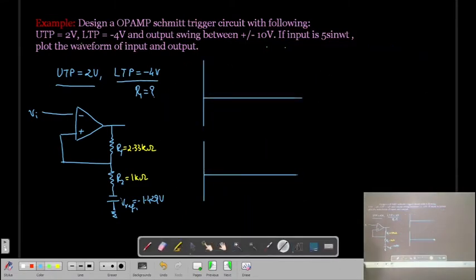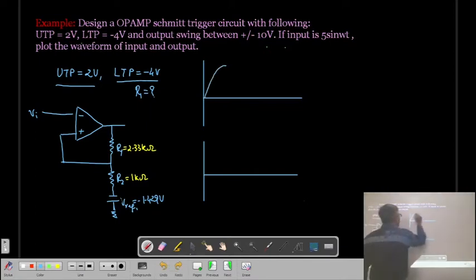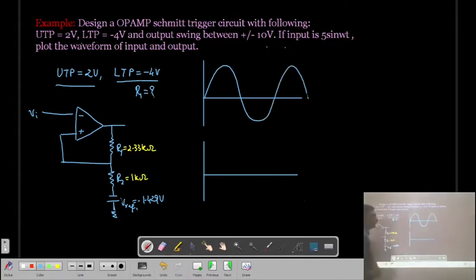Remember that my input signal is changing in this way.